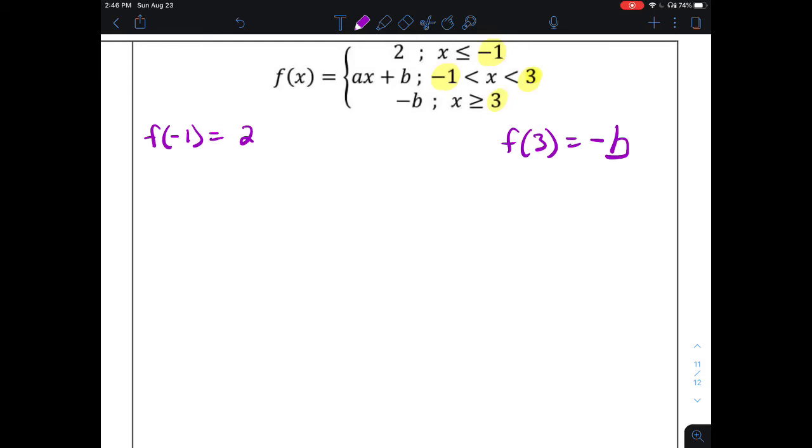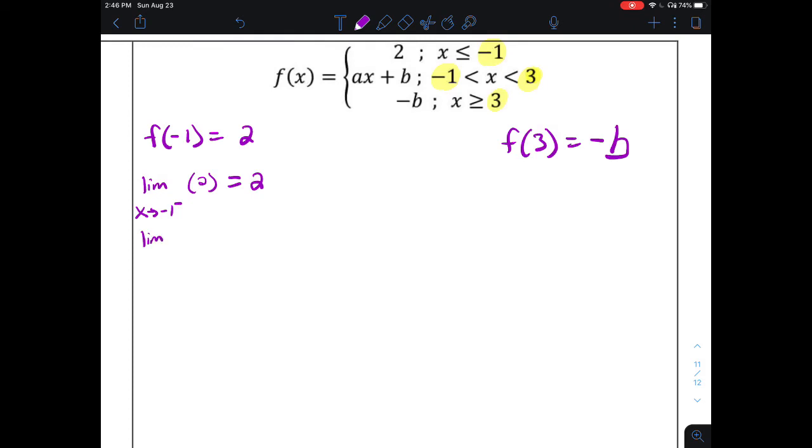Now I have to look at finding the limits. So the second part is, even though it's defined, I need the limit to exist. So the limit as x approaches -1. Now we have breaks here, so I need to do it from the left side. The left side limit is the limit of 2, which is going to equal 2.